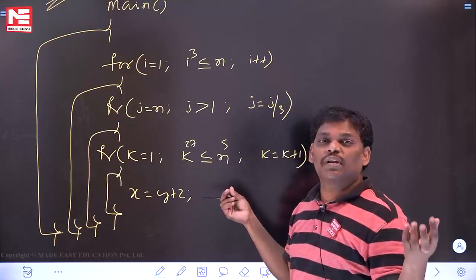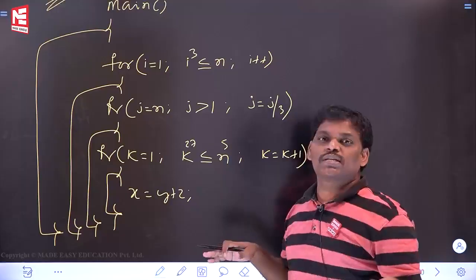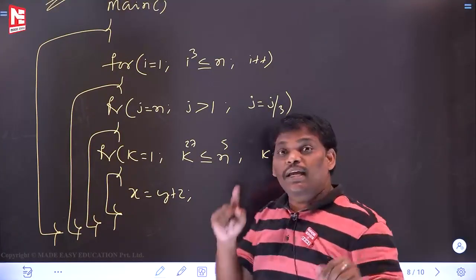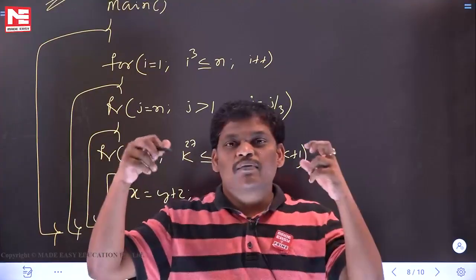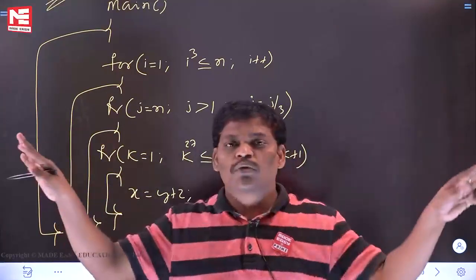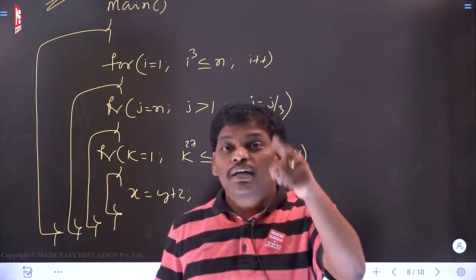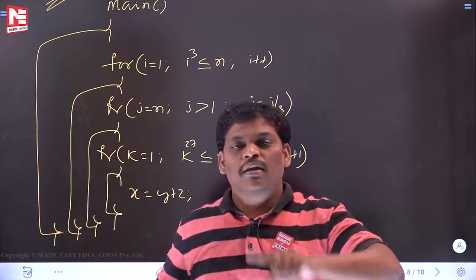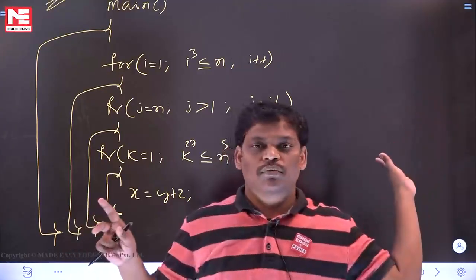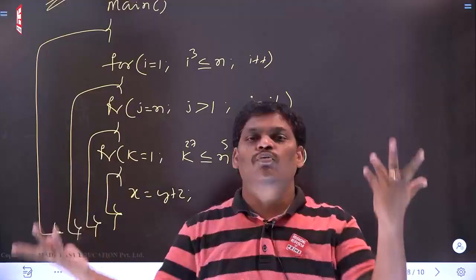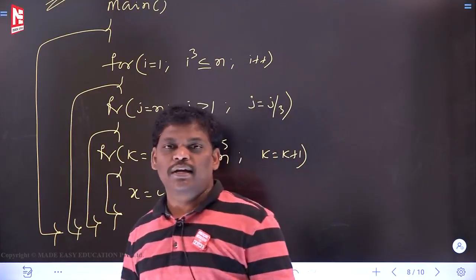As a CSE person, you are also a CSE person, I am also a CSE person. How can I bring something new every time? If you belonged to the mechanical branch, whatever I say would be new every time. If you belonged to the chemical branch, whatever I am saying would be new to you. But you are computer science, and I am computer science. How can I bring something new every time? It is not possible.